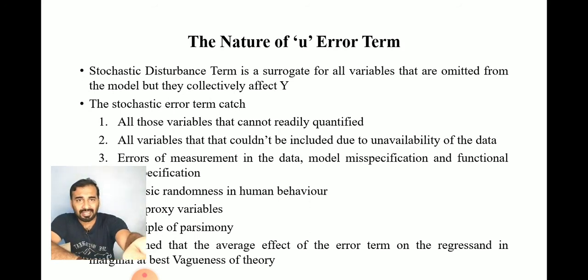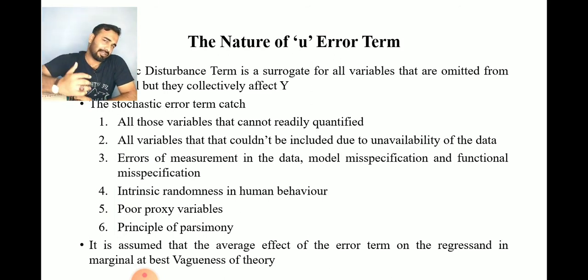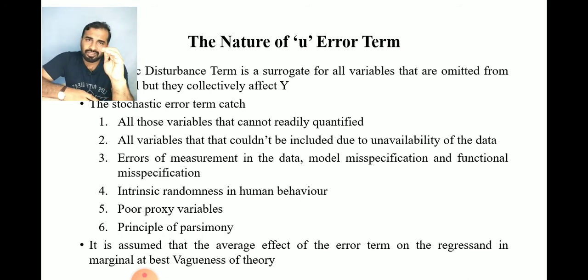Why are we including this error term? There are a large number of reasons, and when we discuss the methodology of econometrics, we discuss some of these. The first one is all those variables that cannot be readily quantified. There are certain variables that we cannot readily or exactly quantify, so we omit that variable and u will capture its effect. Then, sometimes the data may not be available.